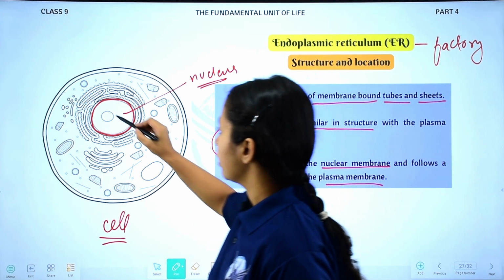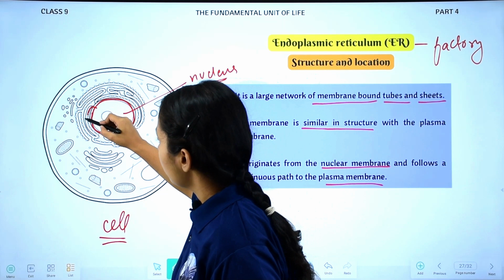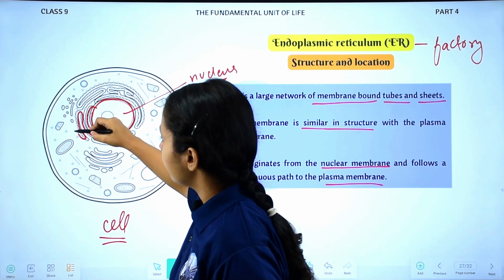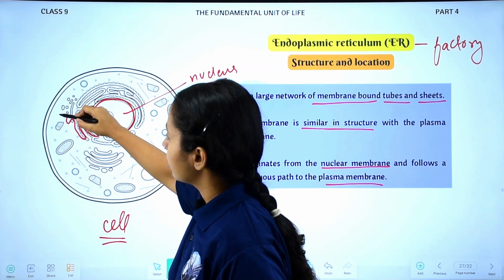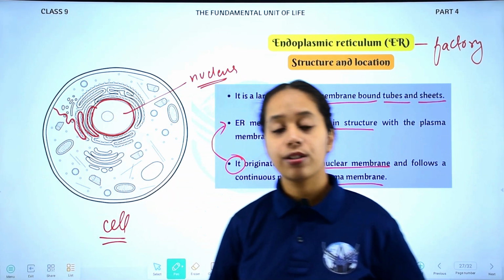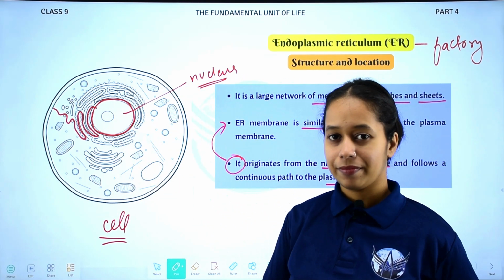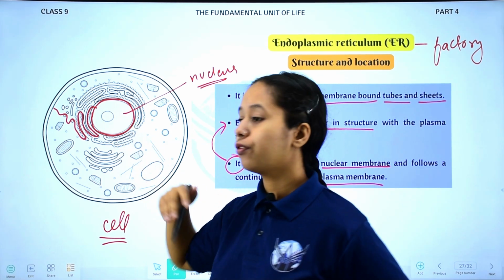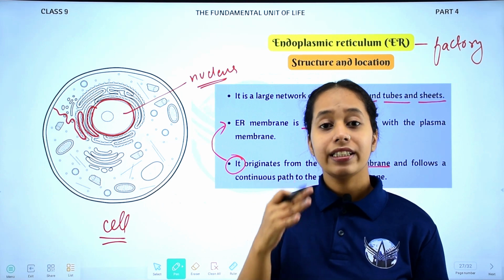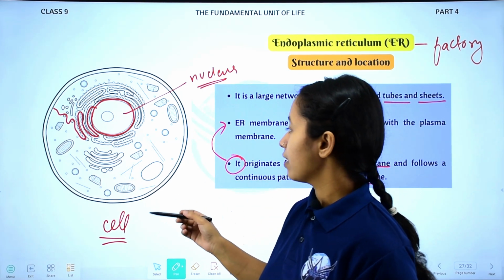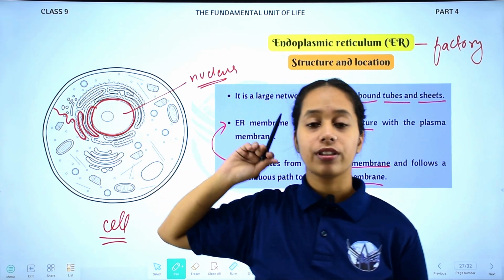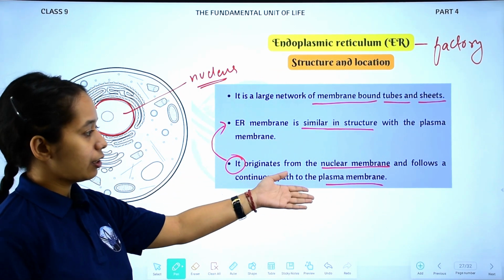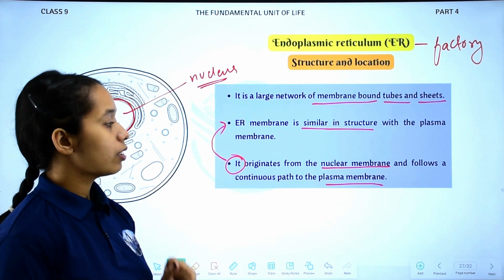Then you can see that from the nuclear membrane originates the ER, and this ER has a continuous path which joins to the plasma membrane. That is what is written here: it originates from the nuclear membrane and follows a continuous path to the plasma membrane.